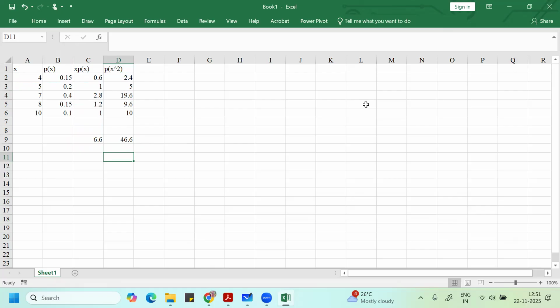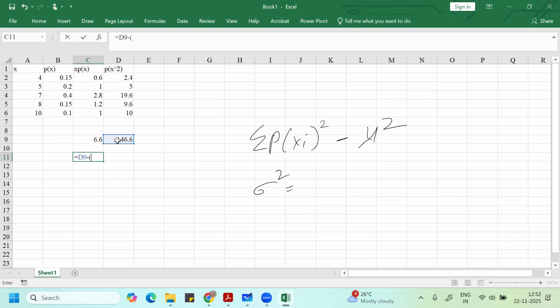The sum of p into xi square minus mu square will give you the variance. So the variance would be 46.6 minus 6.6 square. This is 3.04, the variance.